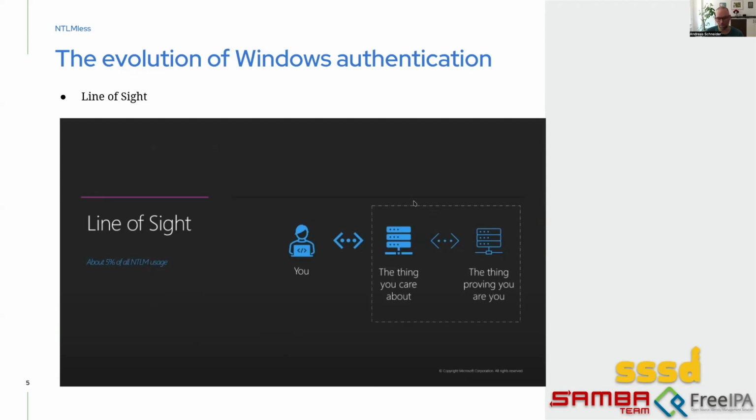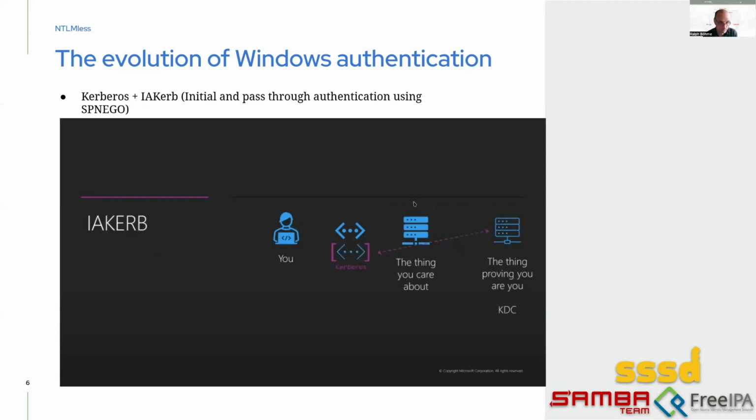It's beneath a firewall or a network, so you are not able to connect to it. And from experience, we also know sometimes that DNS is not configured correctly. When this happens, you have a direct line of sight, but still you are not able to connect because you cannot find the KDC.